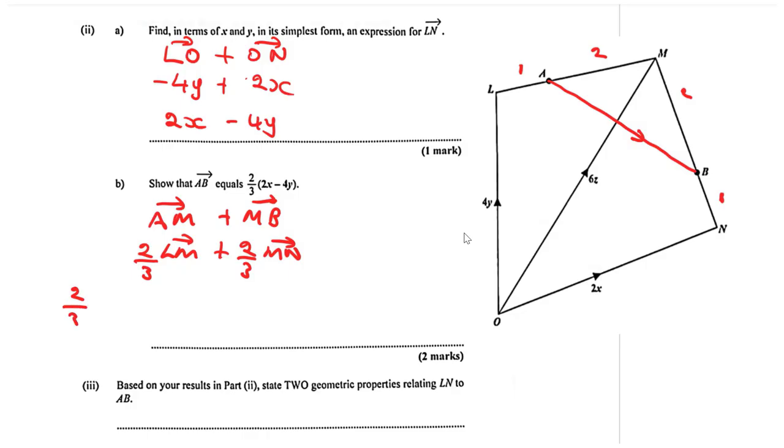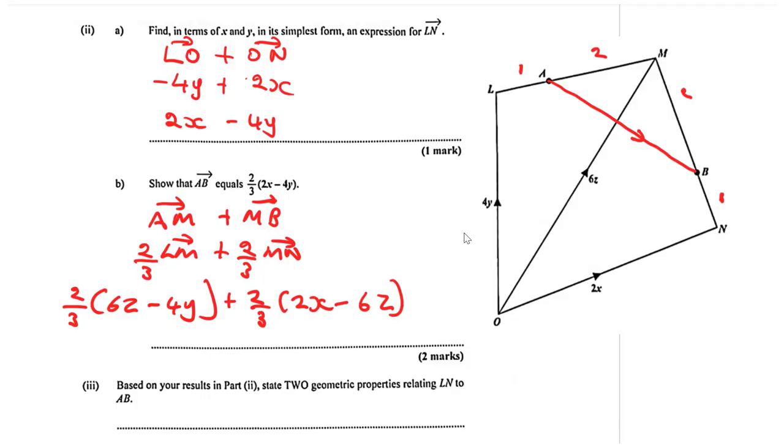So 2/3 LM, moving in the path of a triangle starting at L and ending at M, we're going to get 6z minus 4y. And what is the vector MN? We're going to do the same triangular method. So vector MN is going to be 2x minus 6z.